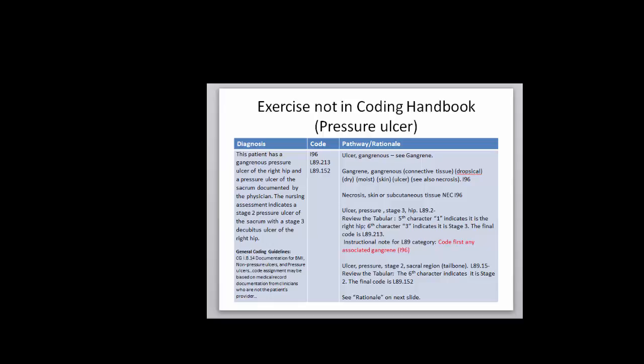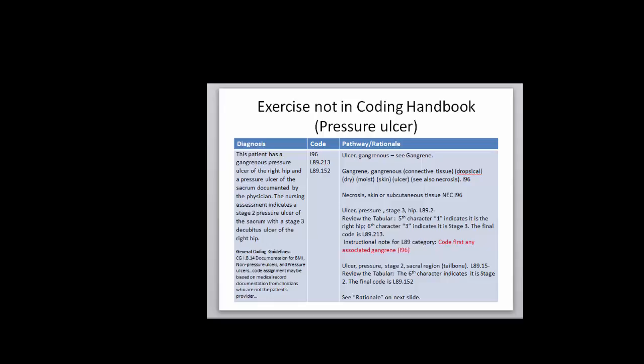You may remember back when we were coding BMI or body mass index, we were using the nurse's documentation for the patient's BMI. So here we go with the skin, the non-pressure and pressure ulcers. We can also use the nurse's documentation for the staging because that is part of our code selection.